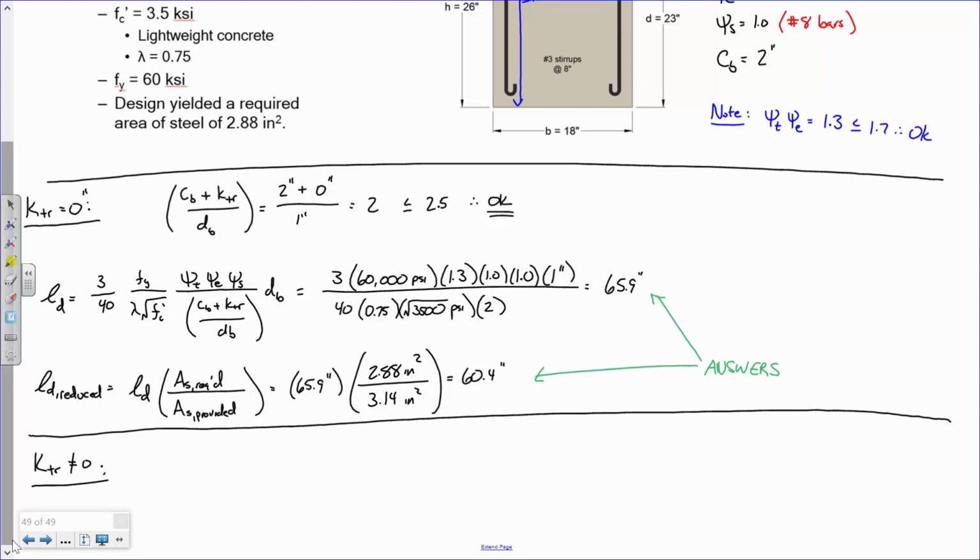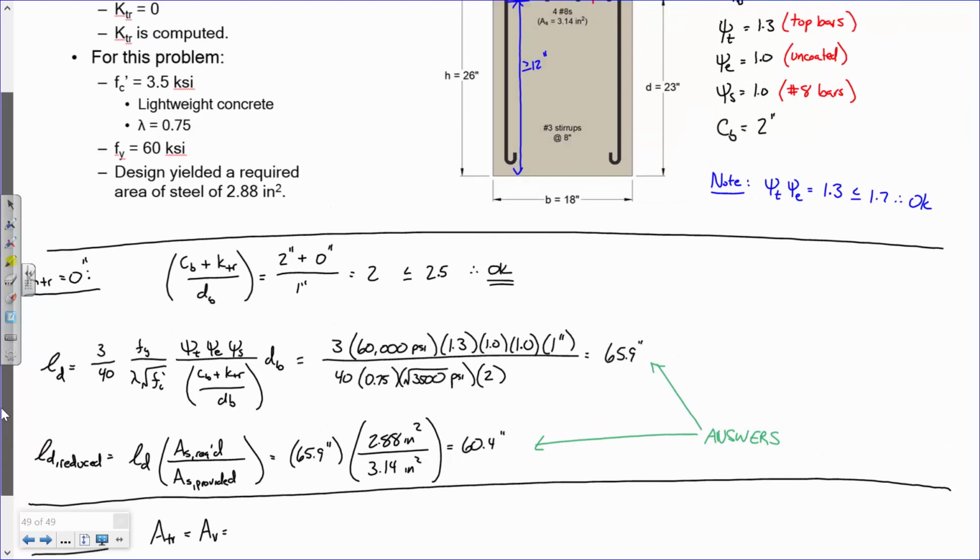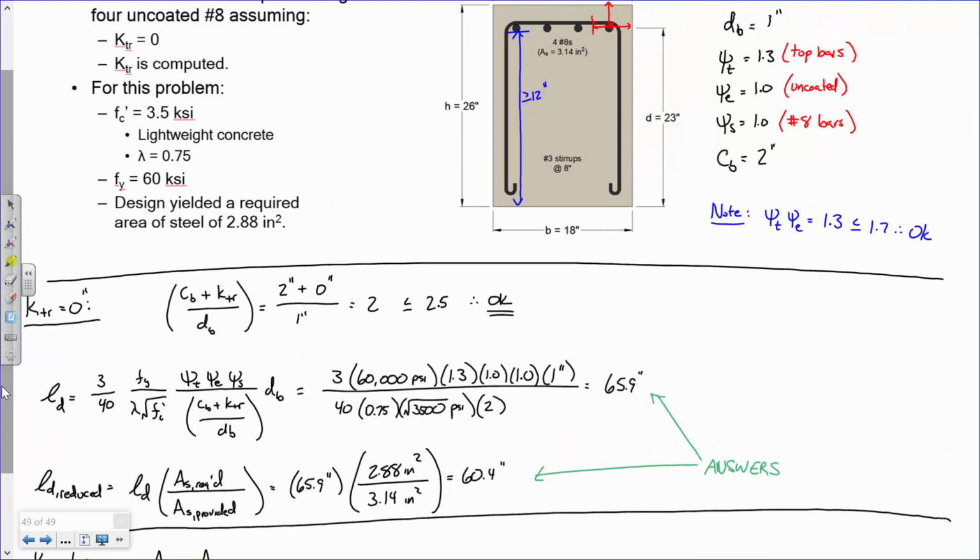KTR is not 0. So what is AV? Or how about this? Let's be consistent. We have the transverse area of reinforcement, which is basically just AV. Now what is that for this problem? It's 0.22. The area of a number 3 is 0.11, but there's 2 of them. So 0.22 square inches.